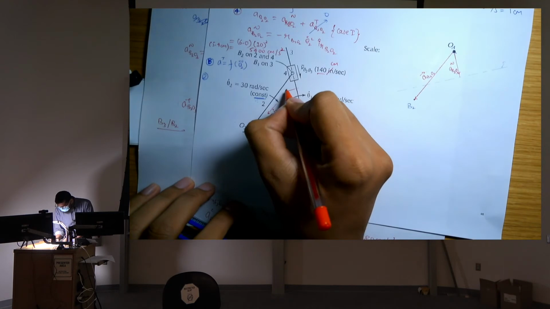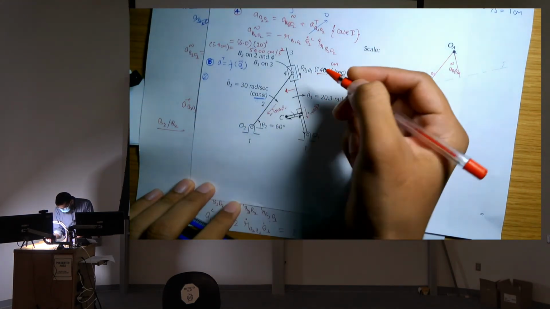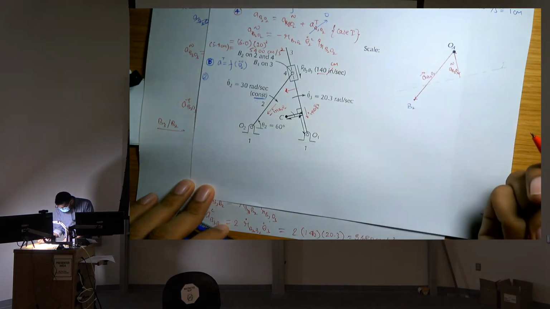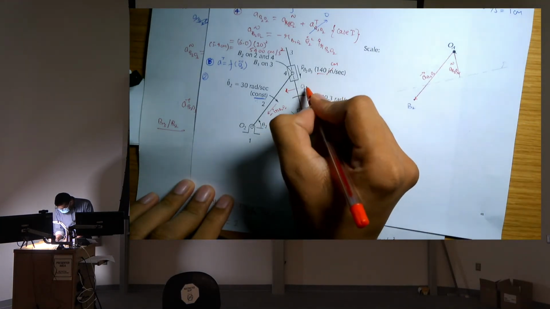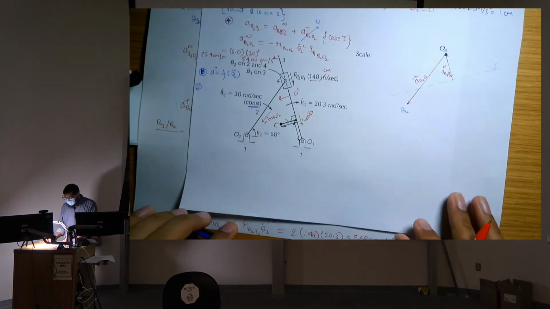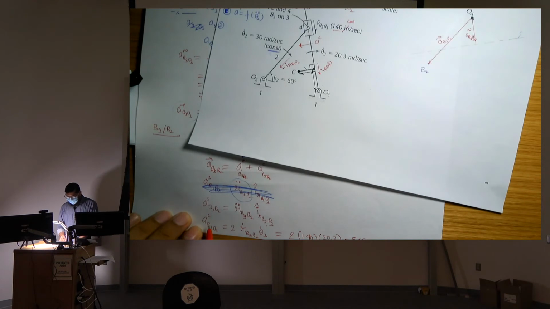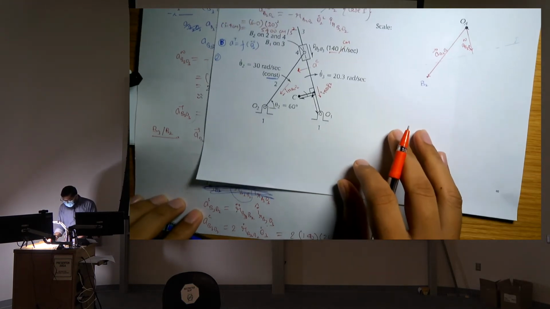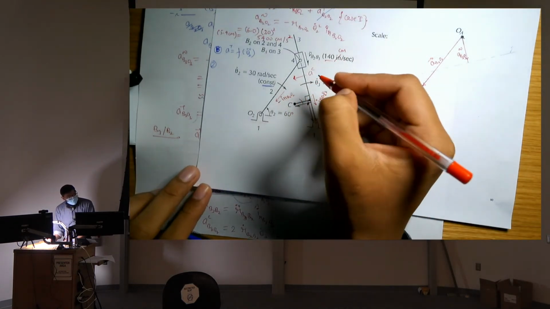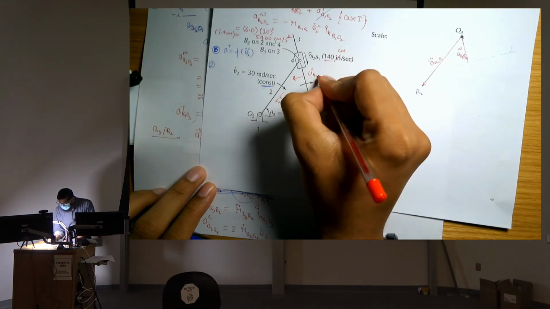True. So that would be your Coriolis's component. But what I want you to focus on is that here you're finding B3, B2, the Coriolis's component of B3, B2. So the direction that we have found is the Coriolis's direction for B2, B3.